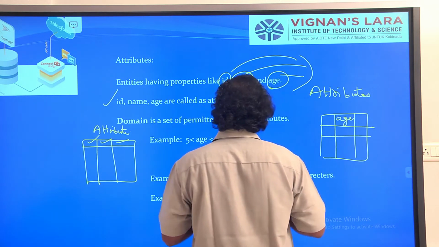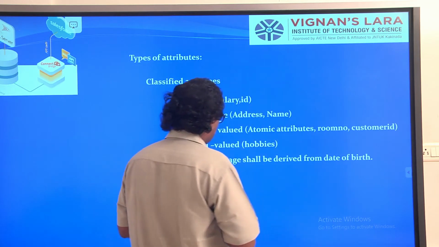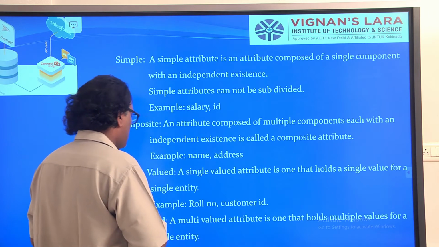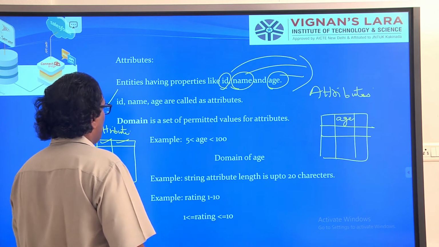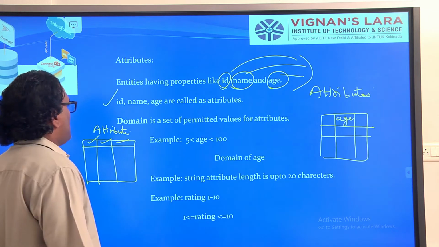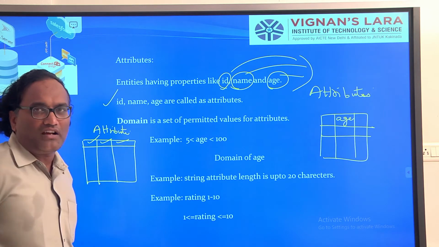If you want to define that age must be less than 100 and greater than 5, then that is called a domain. The domain of the age attribute is between 5 to 100.